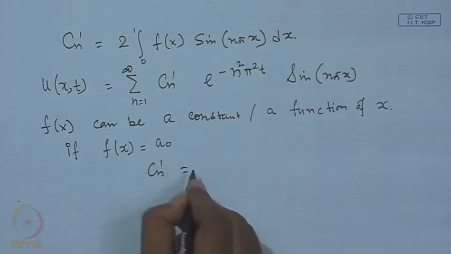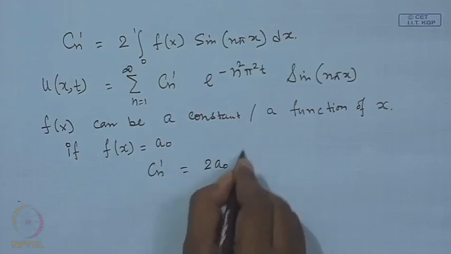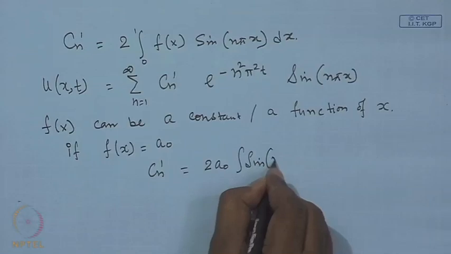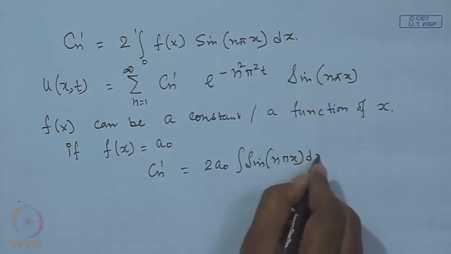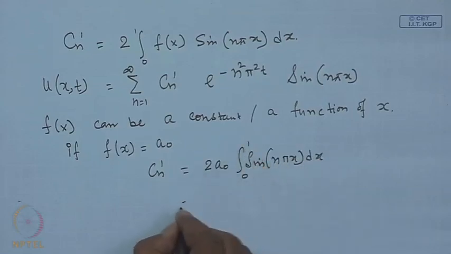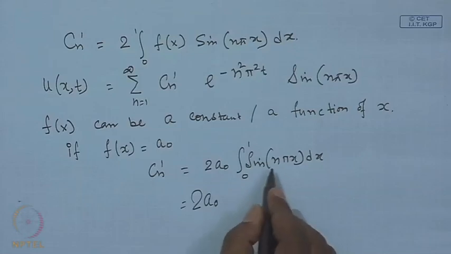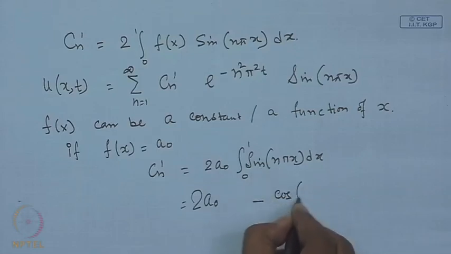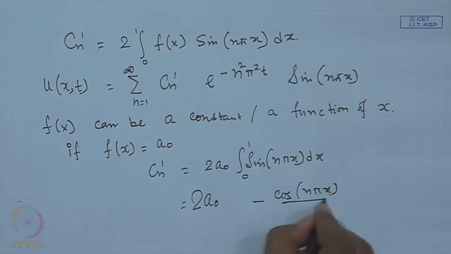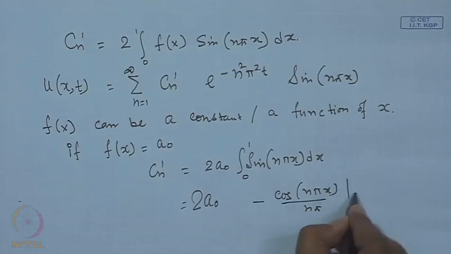So, C n prime is nothing but 2 a 0 times the integral of sin n pi x dx from 0 to 1. So, you will be getting 2 a 0 times the integral of sin n pi x, which is nothing but minus cosine n pi x divided by n pi, from 0 to 1.